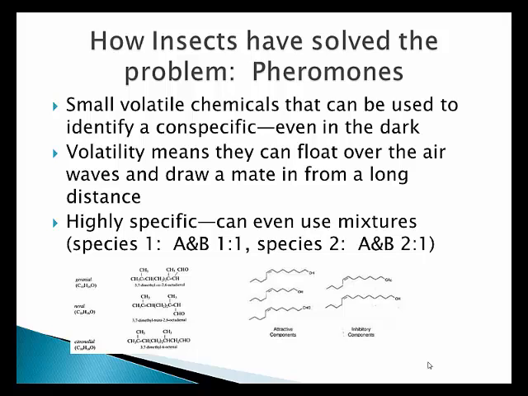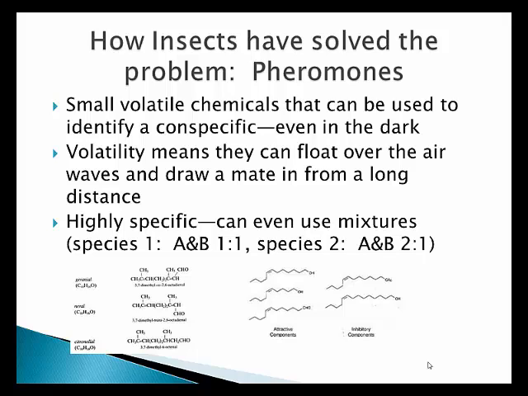But interestingly, related insects, like the 4 species of fireflies you just saw on the previous slide, may use similar pheromones, but with enough structural difference to be specific between males and females of the same species. Or closely related species may use a mixture of 2 chemicals, but each species will use a slightly different quantitative mixture of the 2 chemicals.